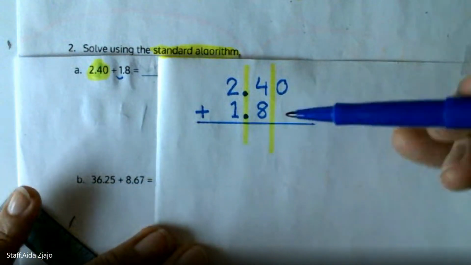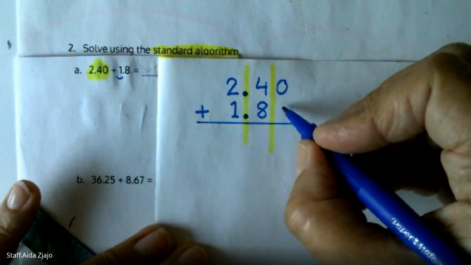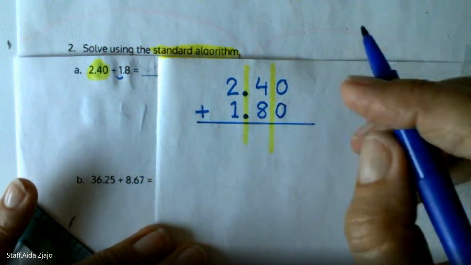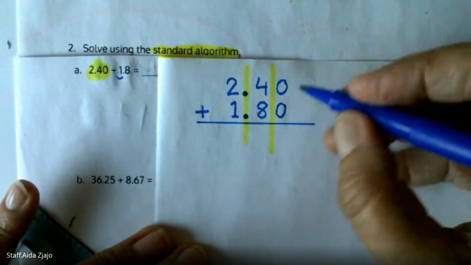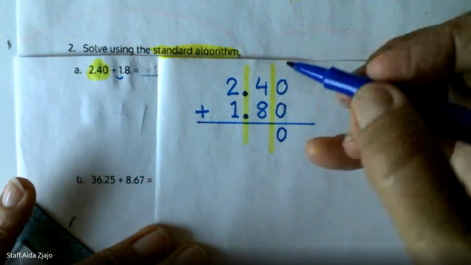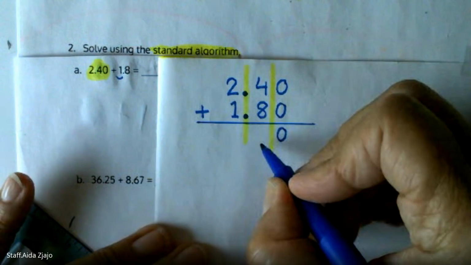And now, because 8 dimes is also 80 pennies, I am allowed to add 0 there, so I can easily add 0 plus 0 makes 0. 4 tenths and 8 tenths really makes 12 tenths.